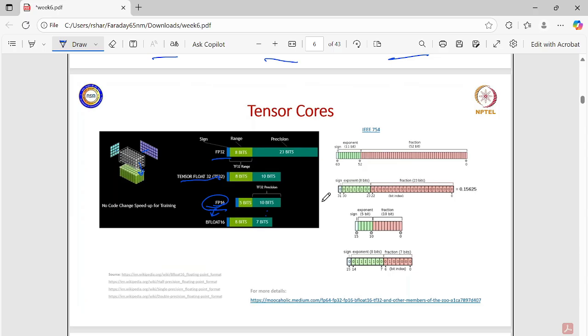For bfloat16, the dynamic range issue which is there in FP16 is overcome. The dynamic range issue, using a method called scaling, can make FP16 perform better, but then we have this bfloat16.